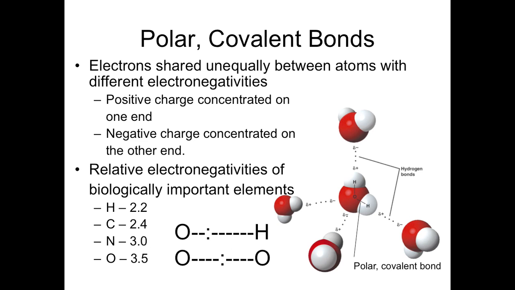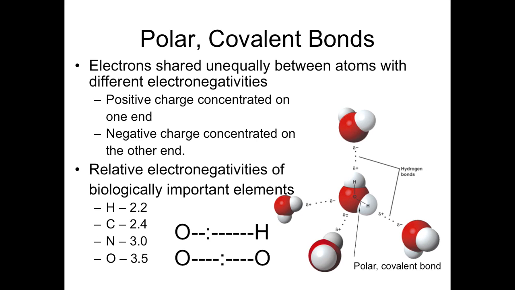Okay, so electronegativity is a relative measurement of how strongly different atoms pull electrons towards themselves. The electronegativity scale isn't associated with any units, but you can use those measures to compare one atom with another.